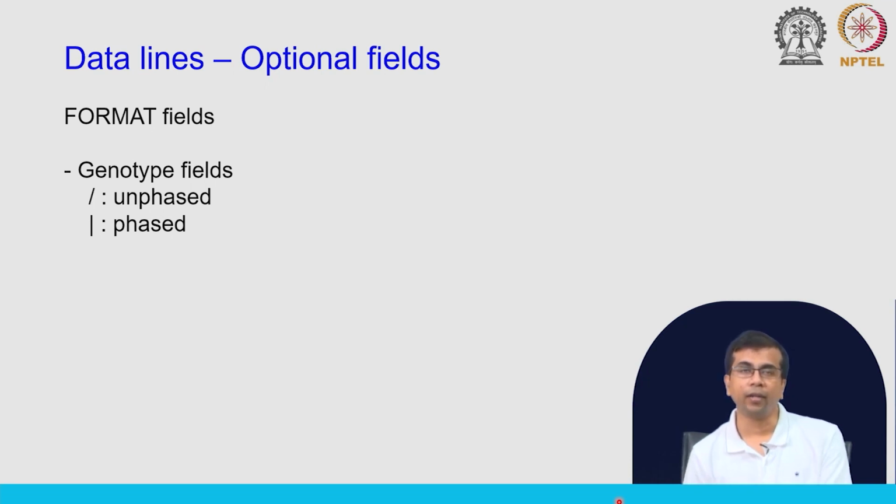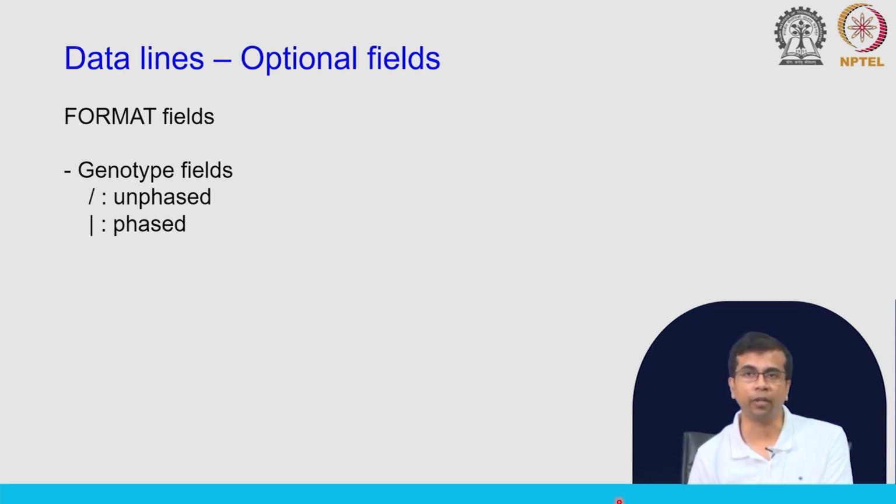In the optional fields, you can also have the genotype fields, and you will see two signs, one for unphased genomes and another for phased genomes. We have talked about phasing when discussing the variant calling analysis pipeline, and this is again applicable for diploid genomes.